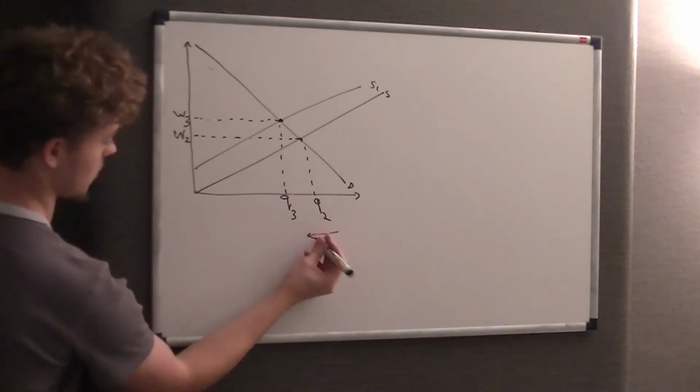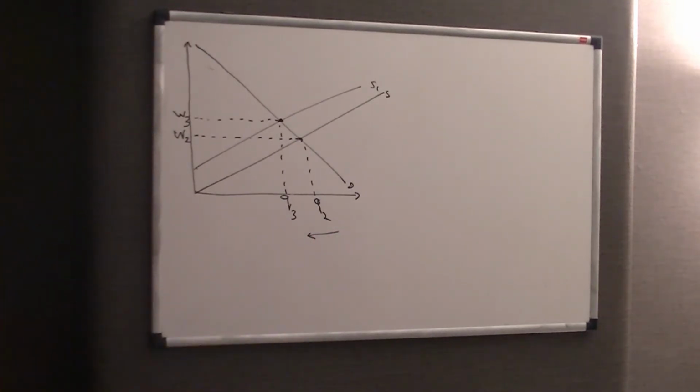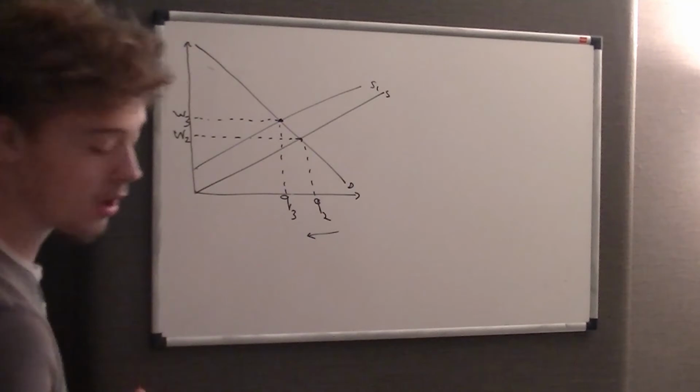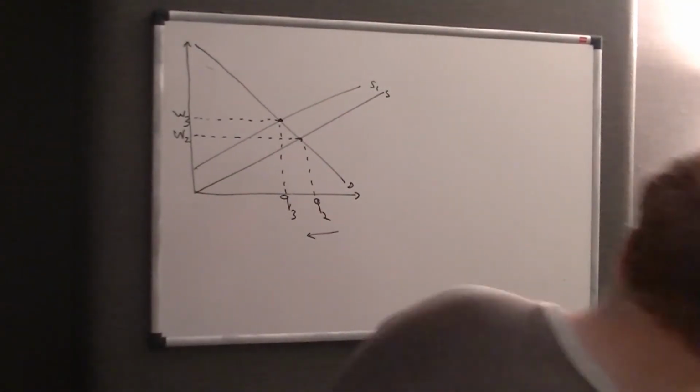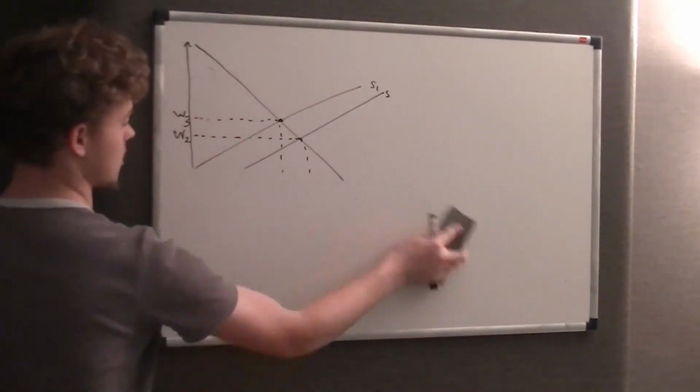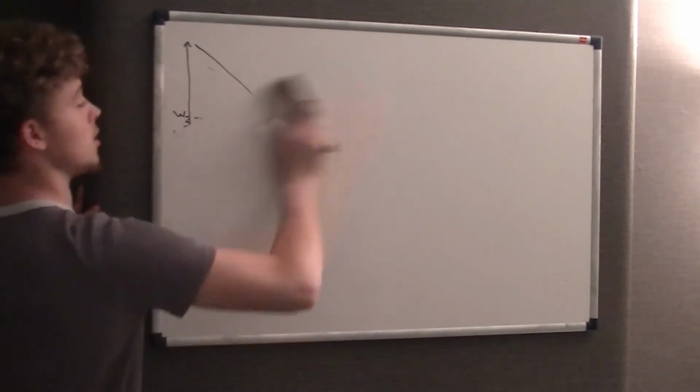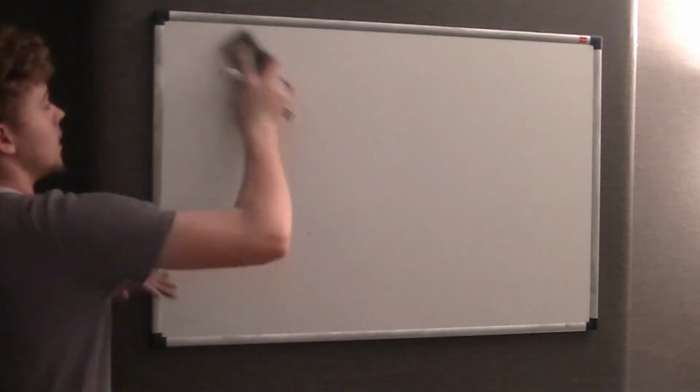The market still clears, but people can't get into this market. There are people that want to get in but they can't because they don't have the skills, so we don't call them unemployed.